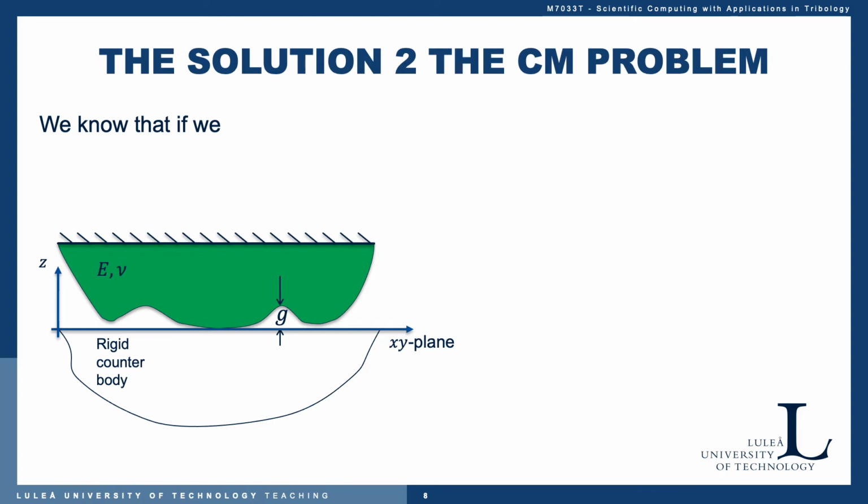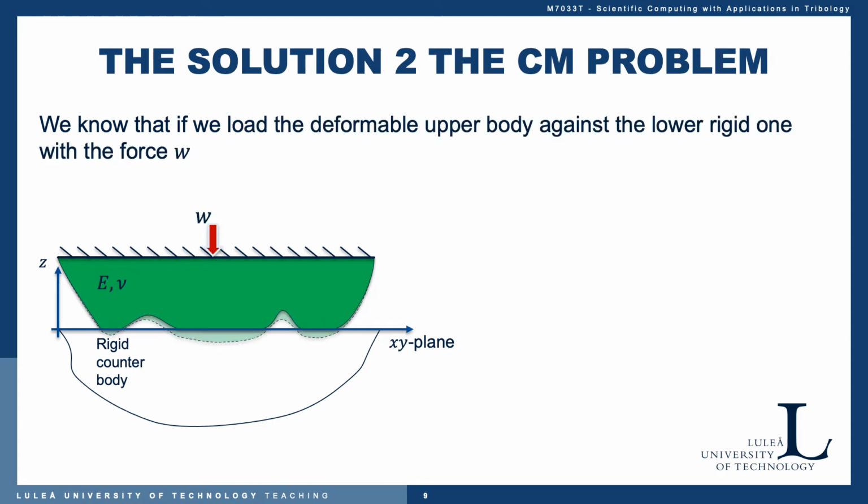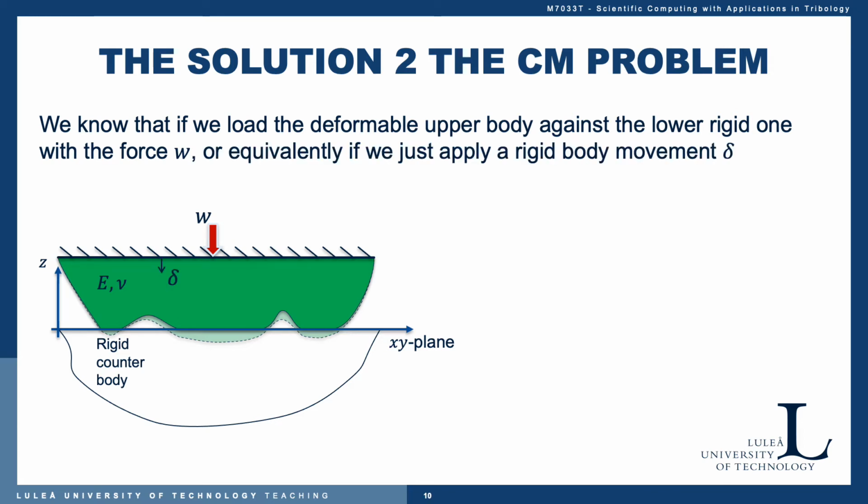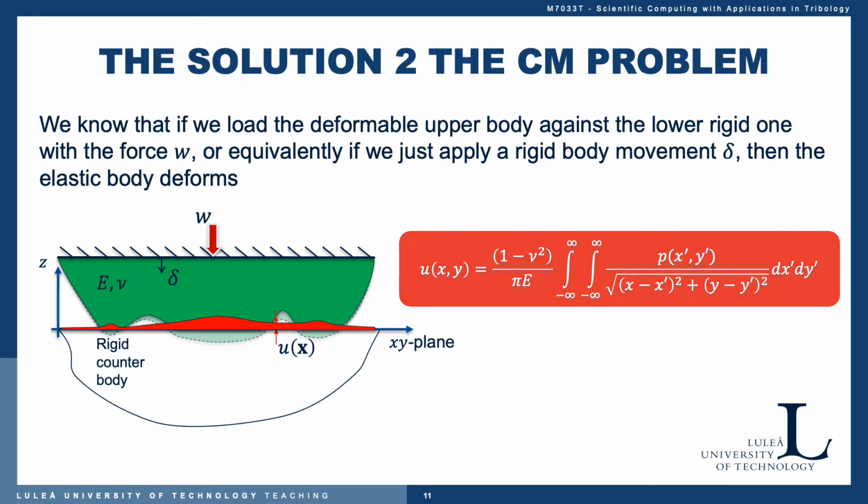Then we know that if we load the deformable upper body against the lower rigid one with the force W, or equivalently, if we just apply a rigid body movement delta, then the elastic body will deform. And here we can see the deformation U, which is given by this expression of Boussinesq's type.